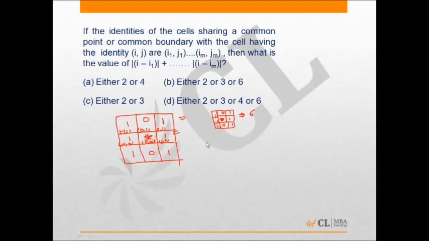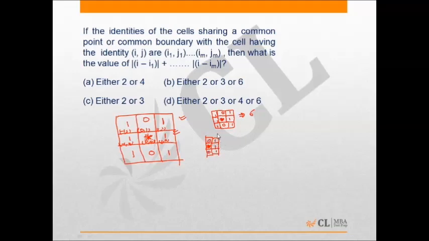There may be a case that this is the centralmost cell, then we'll have 5 cells adjacent to it. So this is the centralmost cell, and I'll have this value 0, this value 0, this value 1, 1, 1.